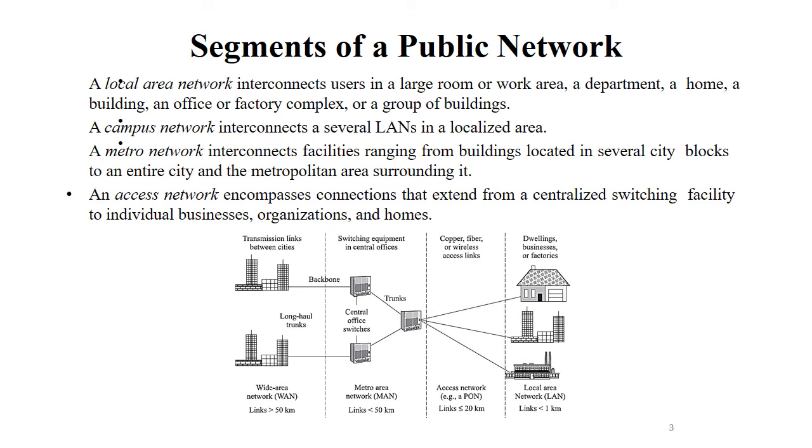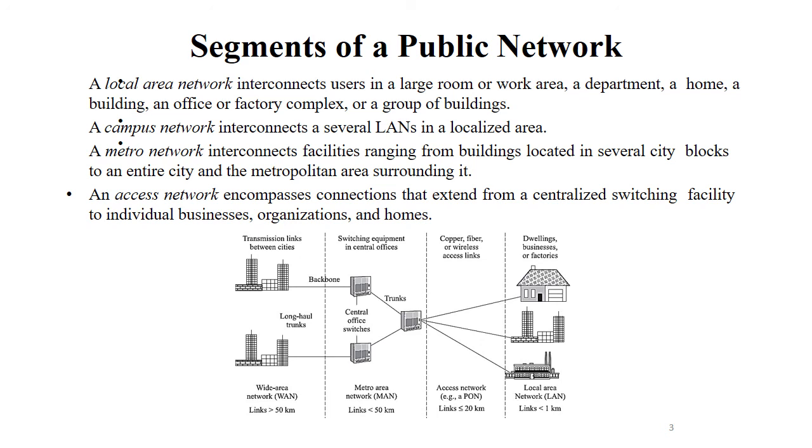Segments of public network. Here there are many segments of public networks. They are local area network, wide area network, metro area network, and access network. What does that mean? The first one is local area network. It interconnects the users in a large room or work area, a department, home, a building, an office or factory complex, or a group of buildings.